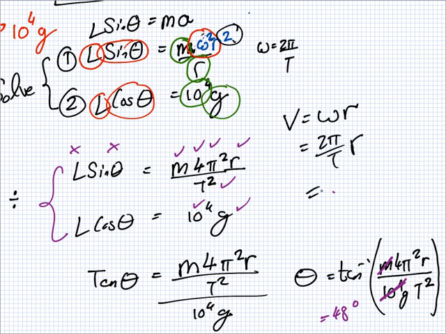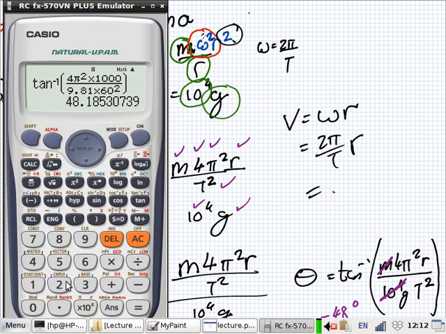So let's calculate this. 2 pi over T. Okay, should this number be big or small? Do planes usually move fast or slow? We want this to be a good few meters per second, at least 10 meters per second.